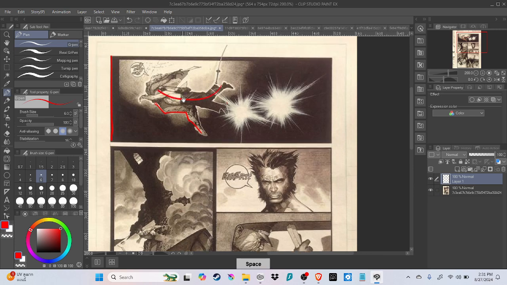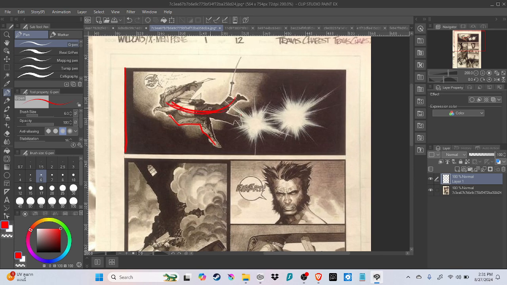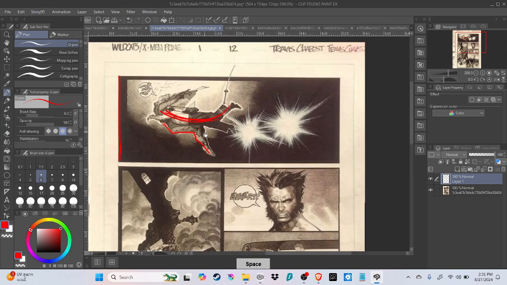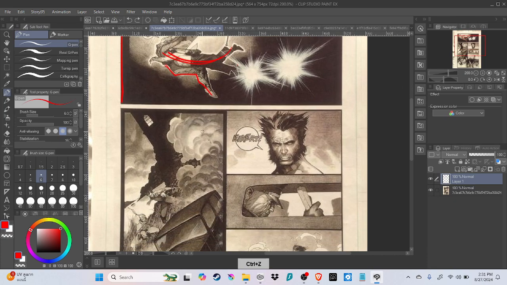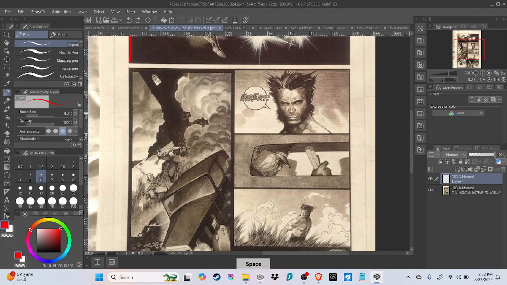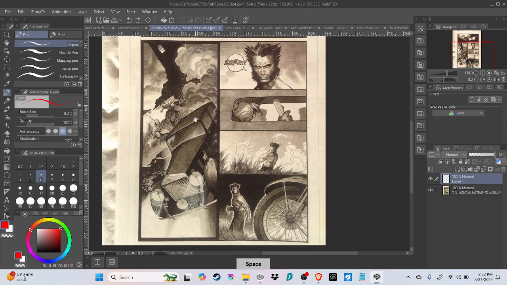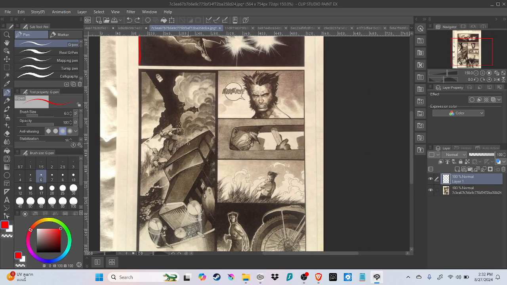And like most comic artists, he's got this good gesture flowing through here. And as a lot of other comic artists do, he's also breaking the panel with this sword flying off of him, right? And then we have this other grouping of panels down here, which tells us a different story.